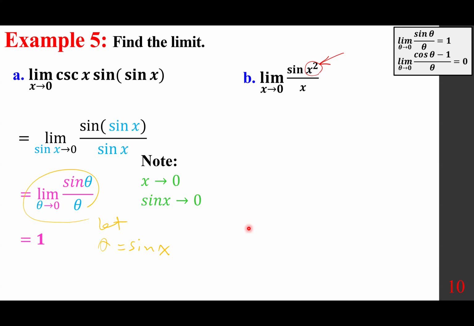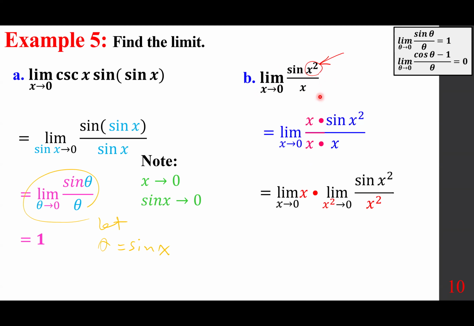Which means we're going to make this one x squared and we want to make this one x squared. How do we do that? Well, this is a fraction. I can multiply the top and the bottom by x. When I do that, this becomes x squared. This x, I can take out as a different limit of x as x approaches 0.